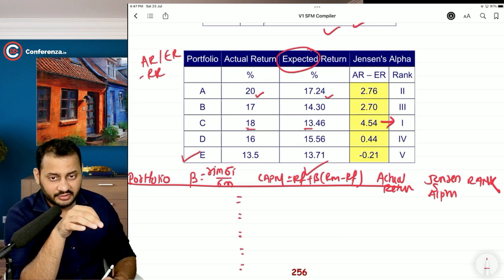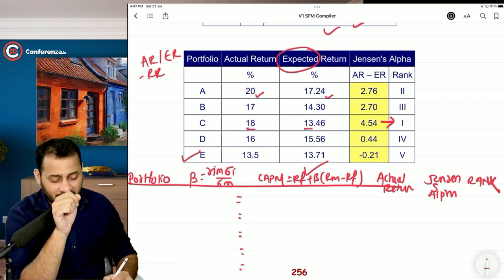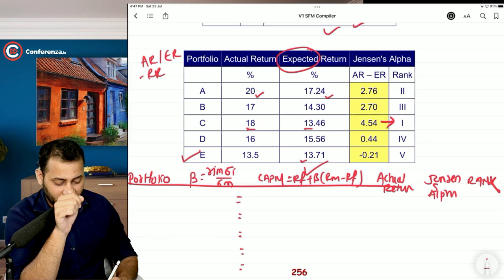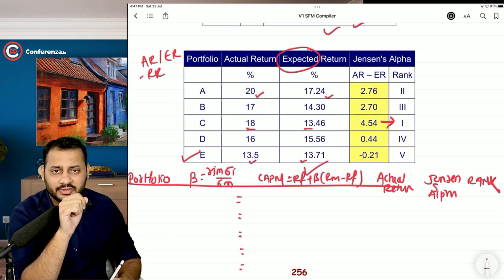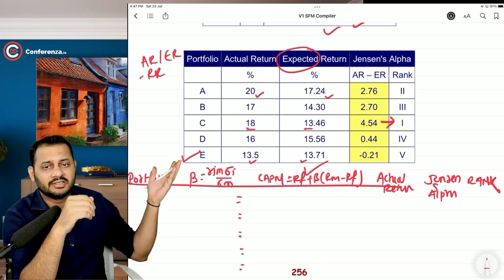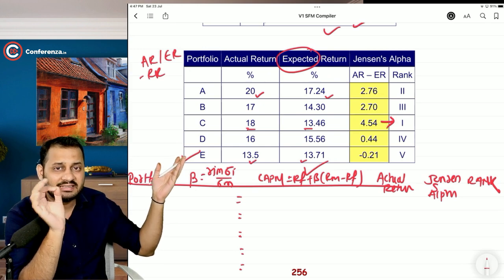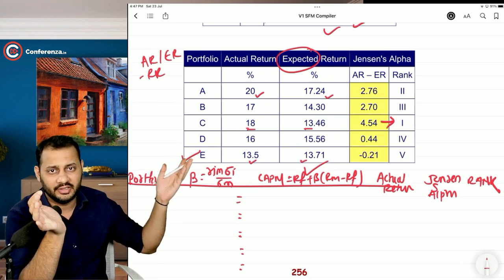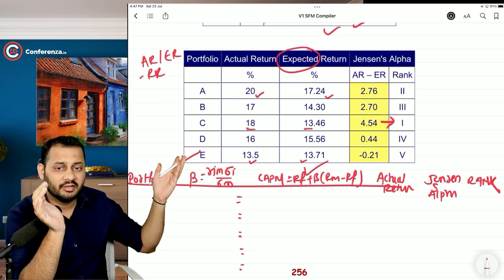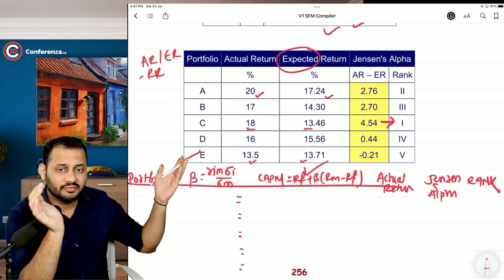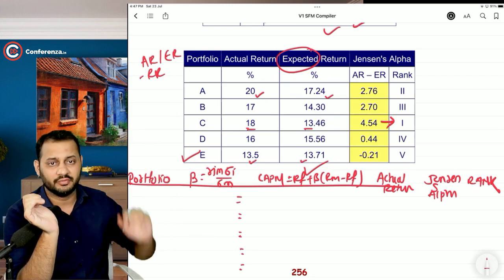I will reject portfolio E because I'm expecting 13.71 and it is giving me only 13.5%. So it doesn't make sense investing a single rupee in portfolio E. Instead of that, you can invest that amount in any of the other portfolios.